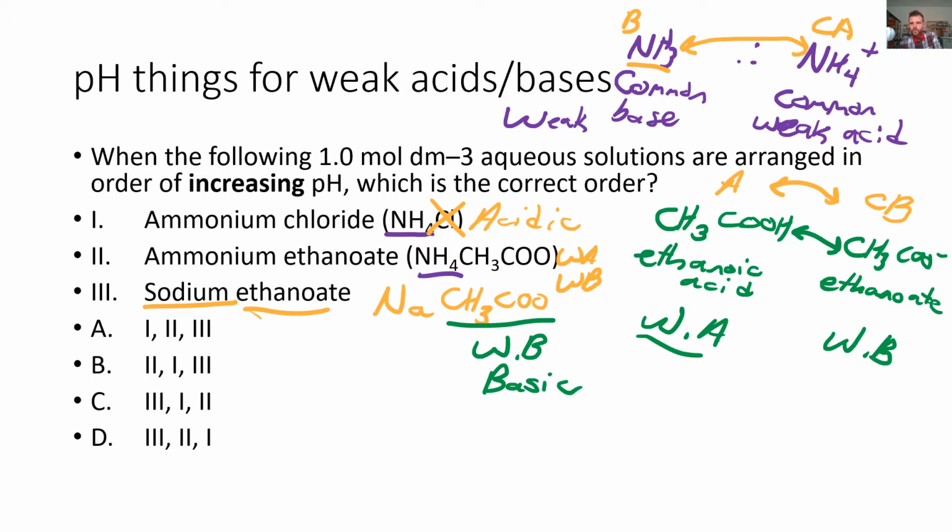So finally, what I'm going to look at here is, I know NH4 is acidic, so this is going to have a low pH. I know this is going to be somewhere around 7 because they'll cancel each other out, and this is going to be a high pH. And then we have constant concentrations, and we're looking for increasing pH, so low to high.